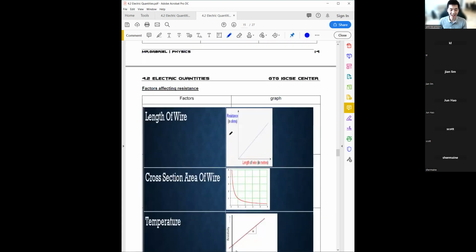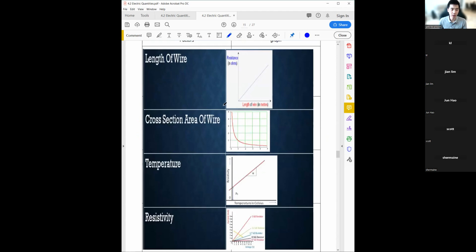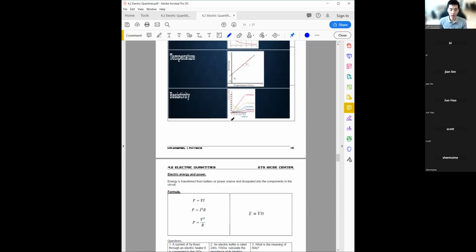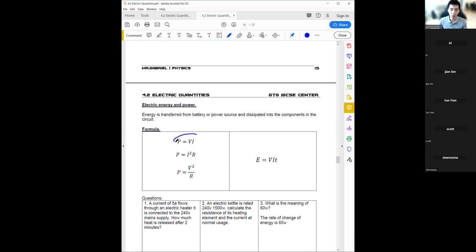Then after that, last week, guys, before we ended class, I skipped this part because we're supposed to learn this today. We ended the class stating that there are 3 formulas for power, right? All these power formulas can be derived directly from P equals VI or V equals IR, right? For those who have copied down the notes, it's basically just substituting this V in or this I in here, right?